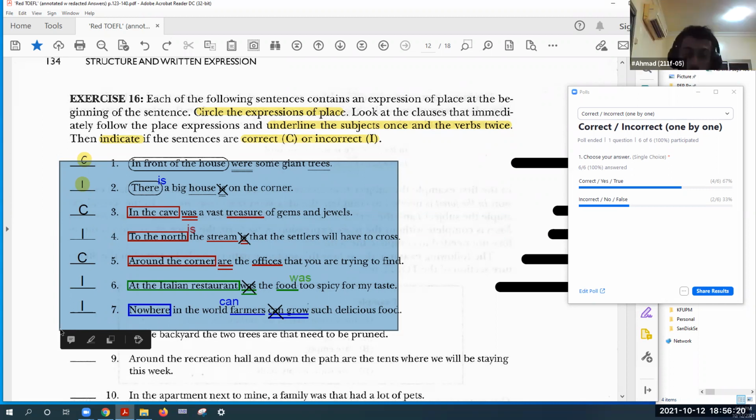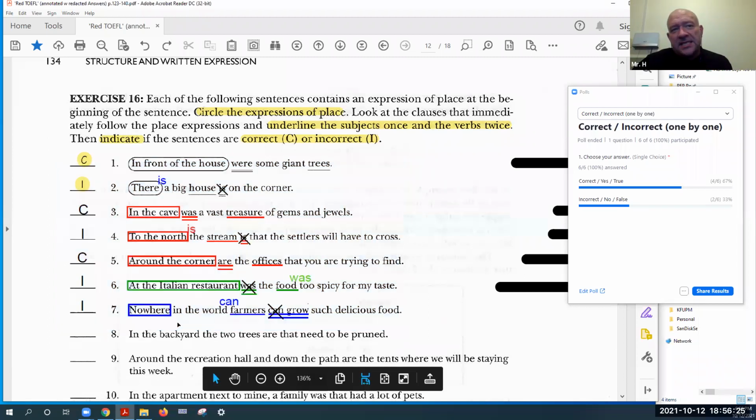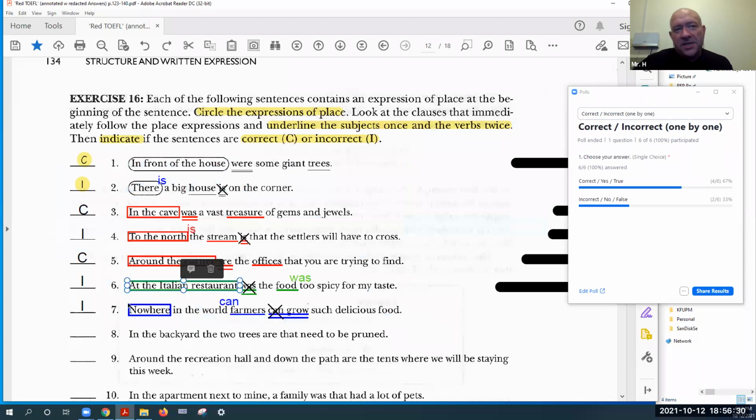What about "in the world"? It's not that important here. This is not the key idea. The key idea comes at the beginning. If you see the word here or there or nowhere, just invert.